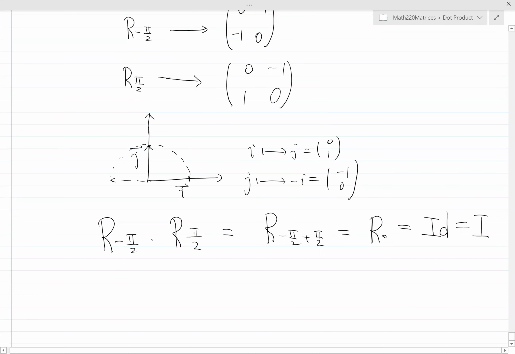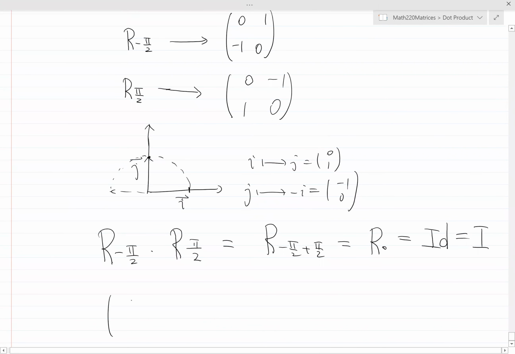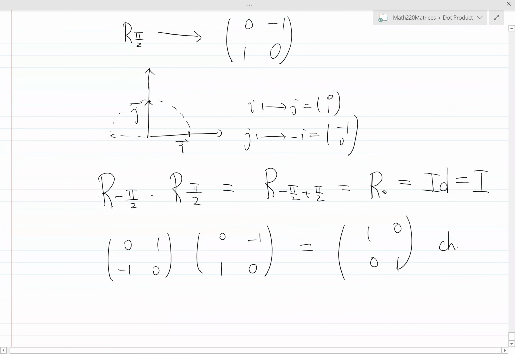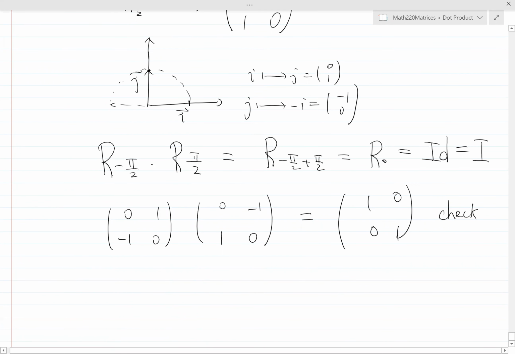You can directly check, by the rule of matrix multiplication, that we get the identity matrix 1, 0, 0, 1.